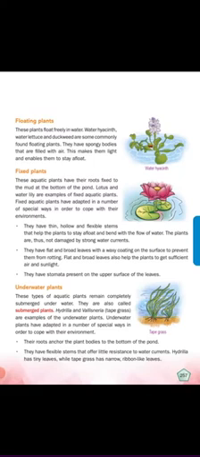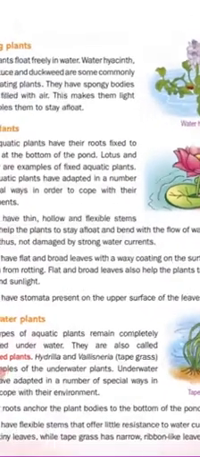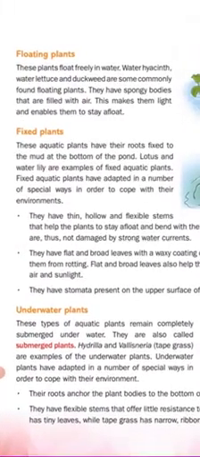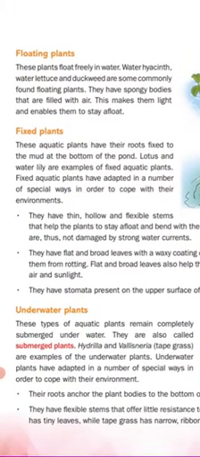Some plants in the water won't float; they stay fixed. They are called fixed plants. These aquatic plants have their roots fixed to the mud at the bottom of the pond. Have you seen a lotus? Will it float?